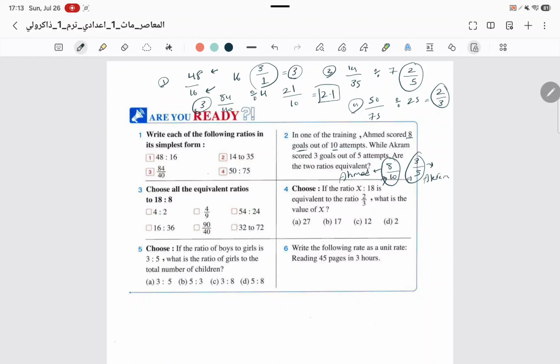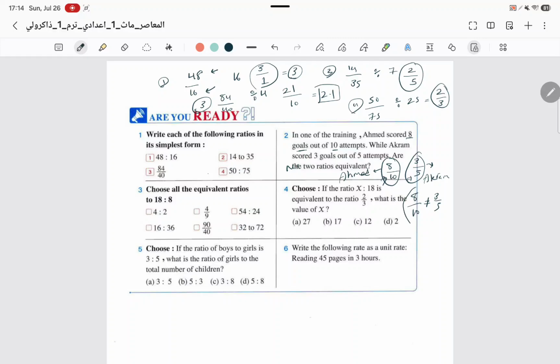He said here in the question, are the two ratios equivalent? No. Why is it not equivalent? Because 8 over 10 is not equal to 3 over 5.